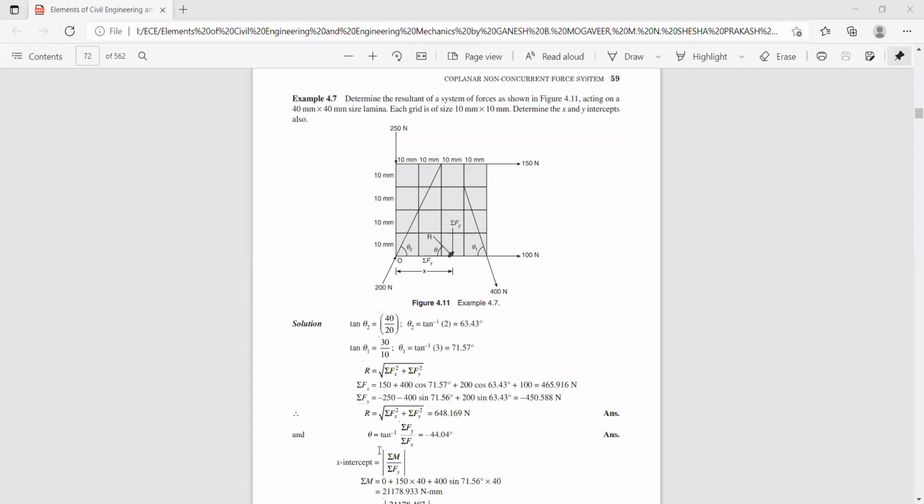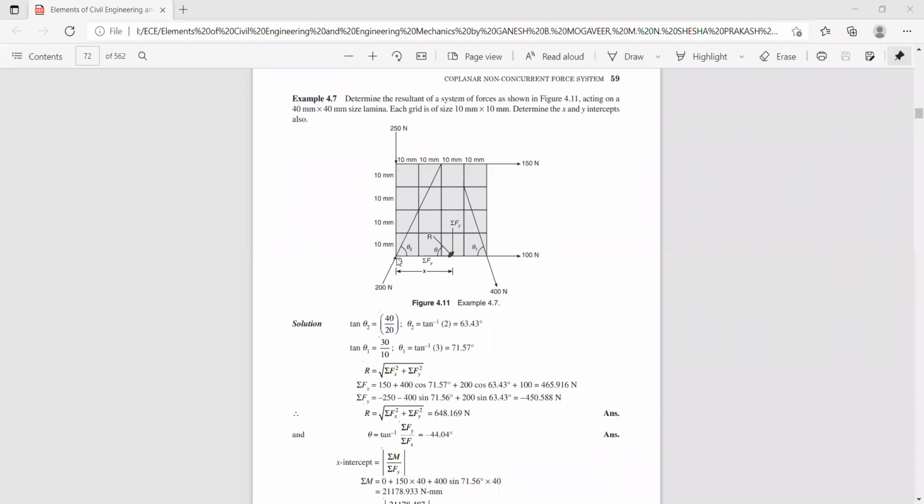Now we want to find the position of the resultant. Let us find the position of the resultant with respect to point O. Let us consider this point as A. So sigma MA: we can take the moment of all the forces with respect to this point.